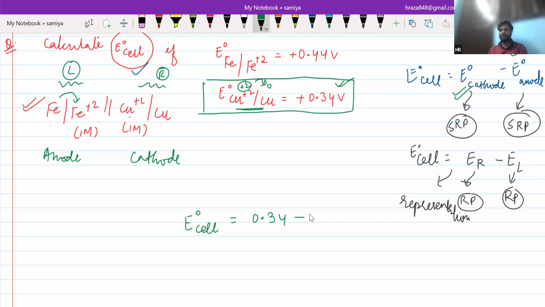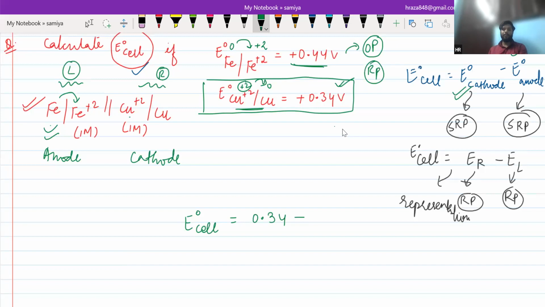I just put minus. Now this is on the left hand side or anode. The value is plus 0.44. Before that, you need to check: Fe going to Fe+2 is oxidation, so the value is for oxidation potential, but we need to write the reduction potential.